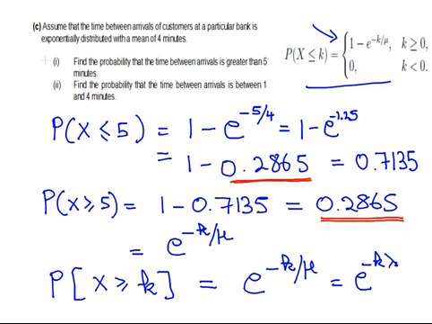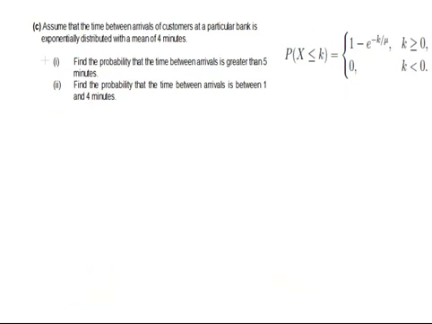Okay. Find the probability that the time between arrivals is between 1 minute and 4 minutes. Okay. So let's break this up first into two parts. Let's actually just write out what we're being asked here. So it's between 1 minute and 4 minutes.